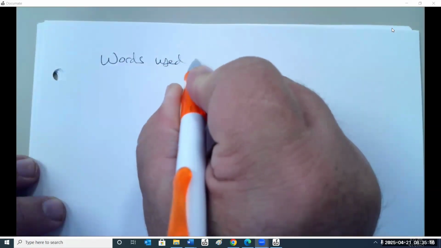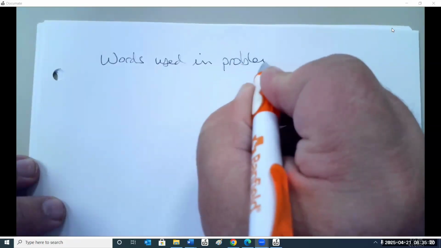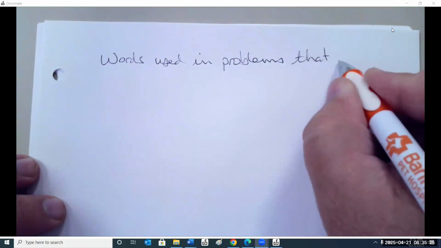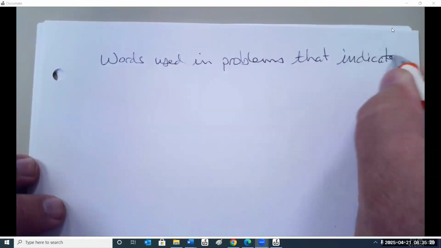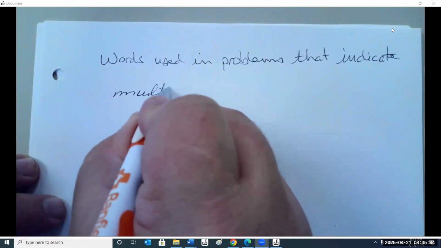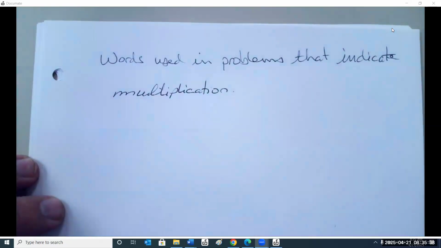All right. Words used in problems that indicate multiplication.